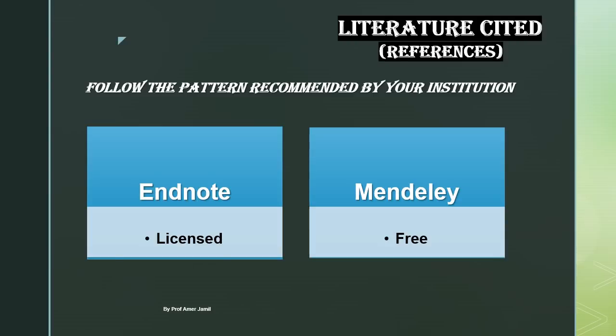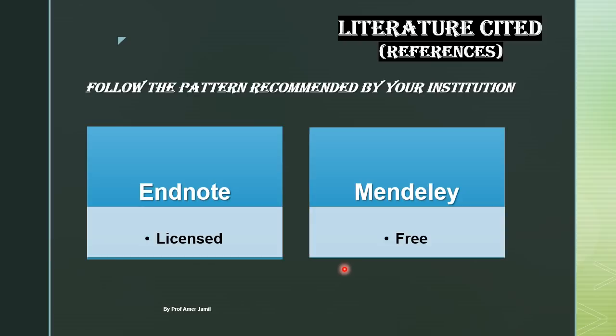You have to give references throughout your text, and you also have to give literature cited at the end of the thesis. You may write it manually, but it's a lot of work putting in dots, commas, full stops, and everything. So now there are certain software packages available, like EndNote, which is licensed software, and Mendeley, which is freeware up to a certain extent.